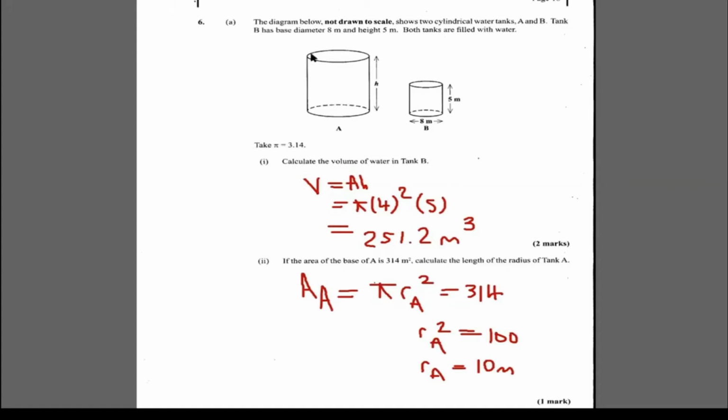Now it says tank A holds 8 times as much water as tank B. So it's telling us that the volume of tank A is 8 times the volume of tank B. Calculate the perpendicular height of tank A. Now, as we saw, volume is equal to cross-sectional area times height.